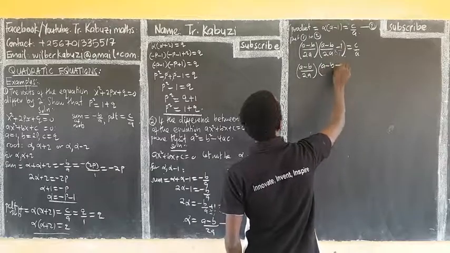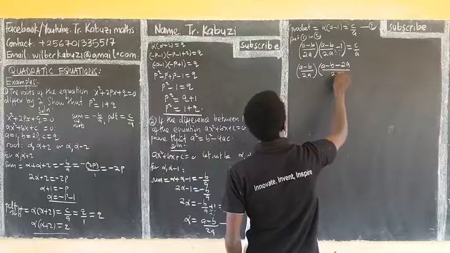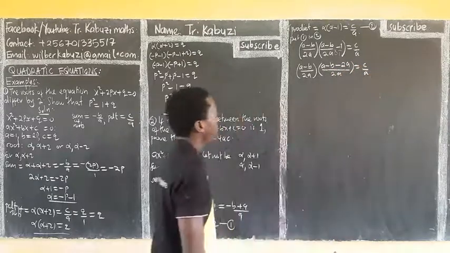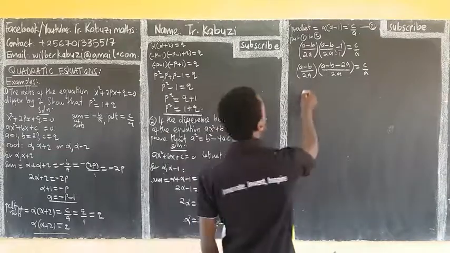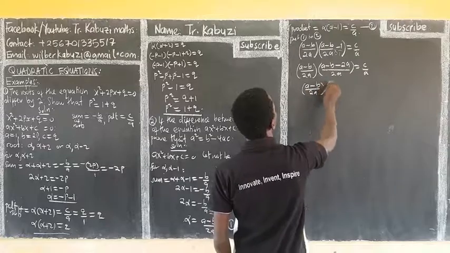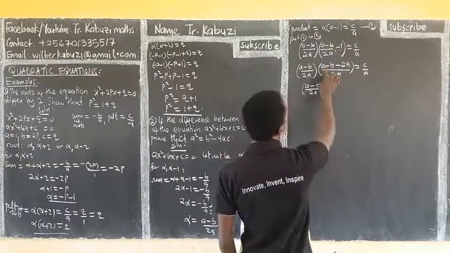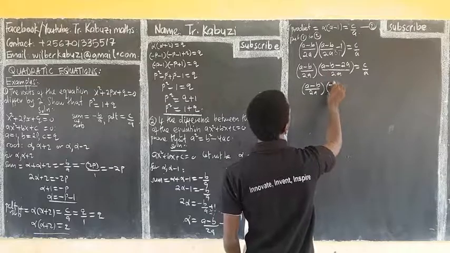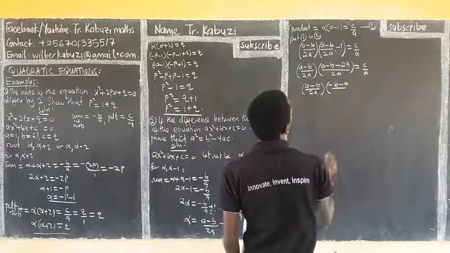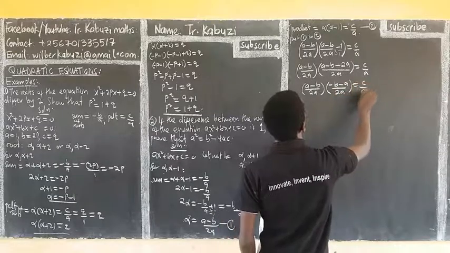I multiply this here, I have this times this, the whole over 2a equaling c over a. So here we can easily simplify a minus b over 2a into, can we simplify there? You see this and this, I have negative b, then a minus 2a, I have negative a, the whole over 2a equaling c over a.